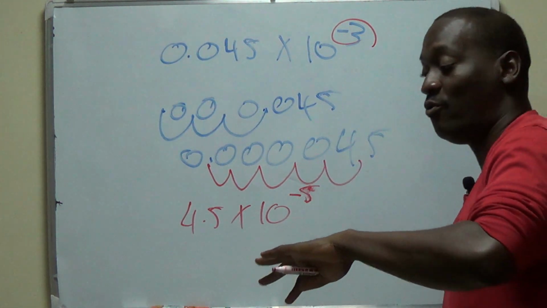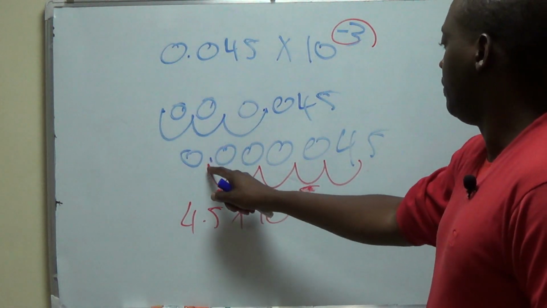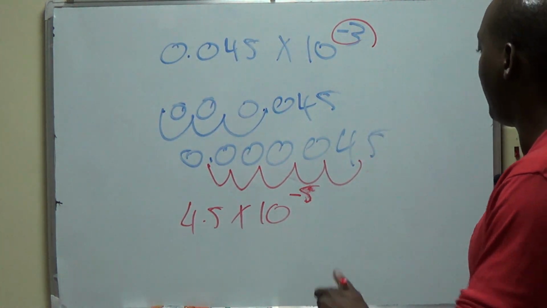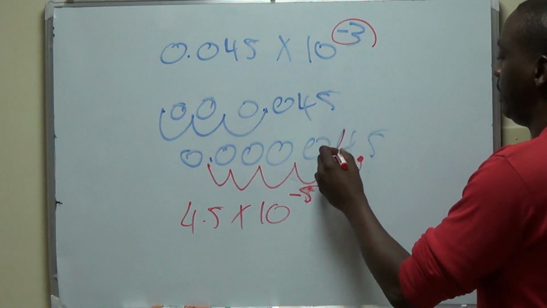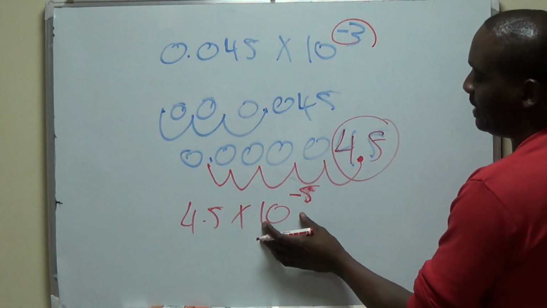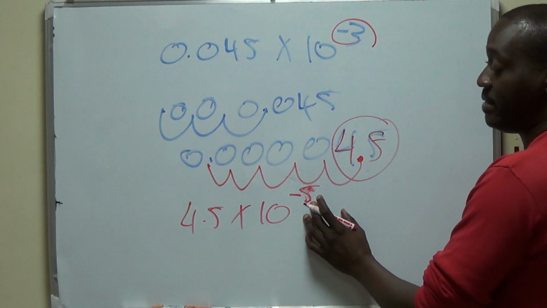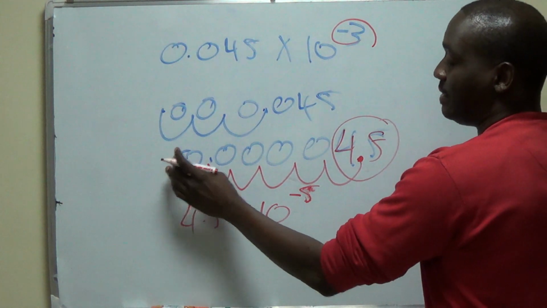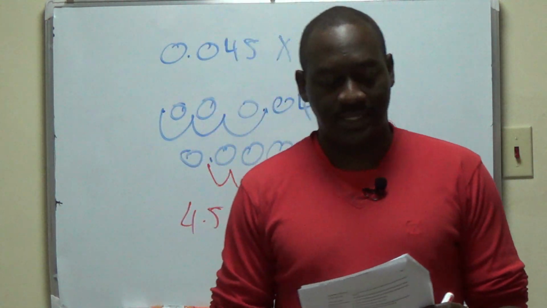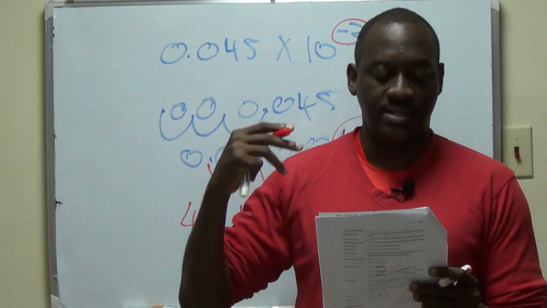You then rearrange that number to get it in standard form by moving the point 1, 2, 3, 4, 5. So you end up with 4.5 to start with, so that your number in standard form would be 4.5 by 10 to the minus 5. It must be minus 5 because we started with a decimal that was less than 1. So in this case, out of the 4 answers available, your answer would be answer B.